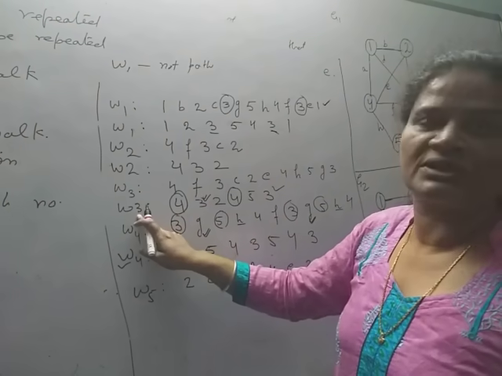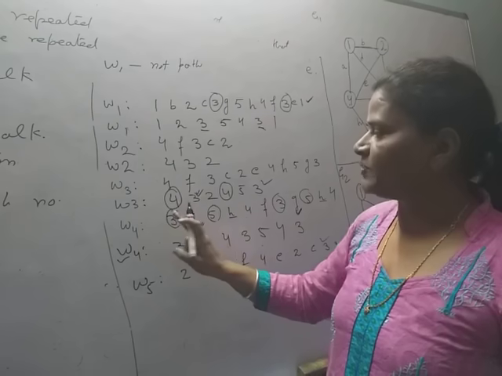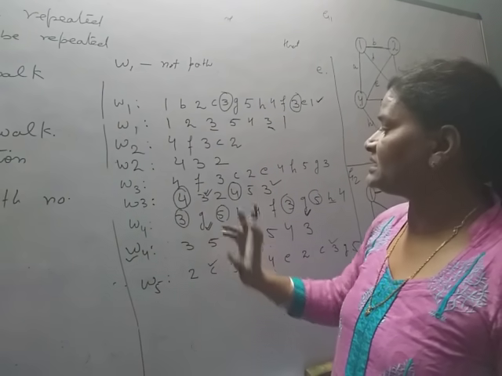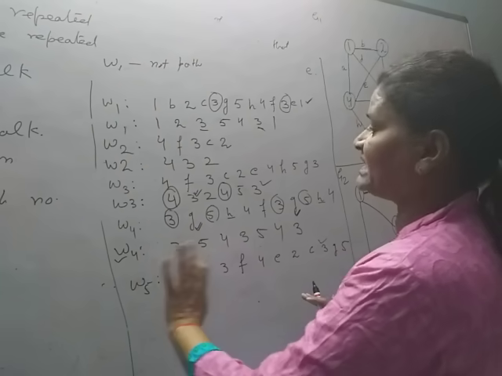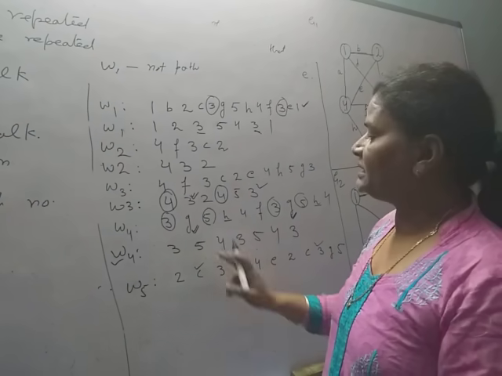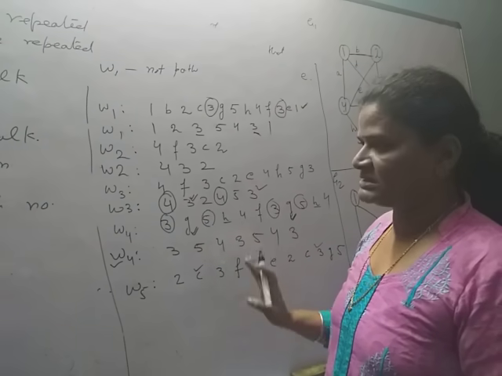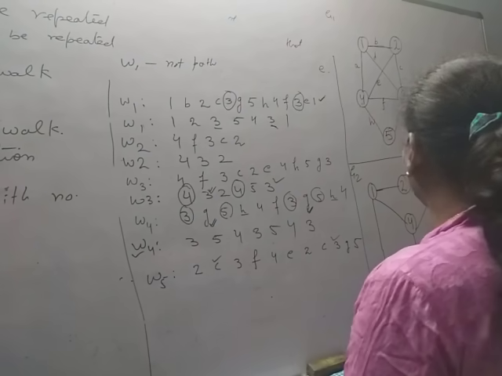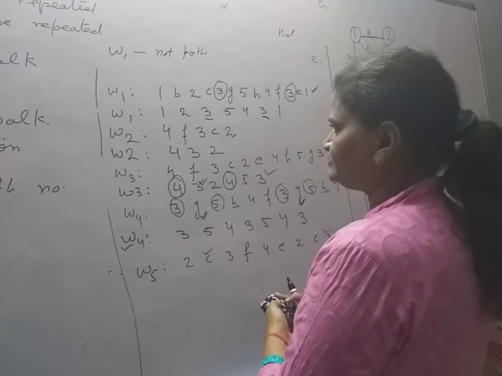So W3 is not a path, whereas W3 is a trail, but it is not a path, as there is a repetition of vertices. You can see the same in this graph.